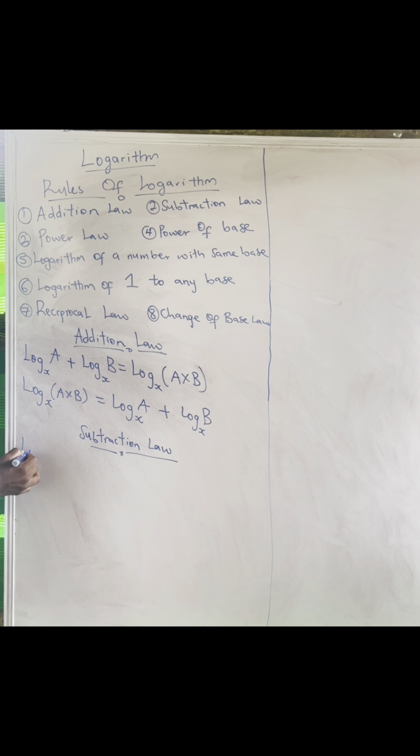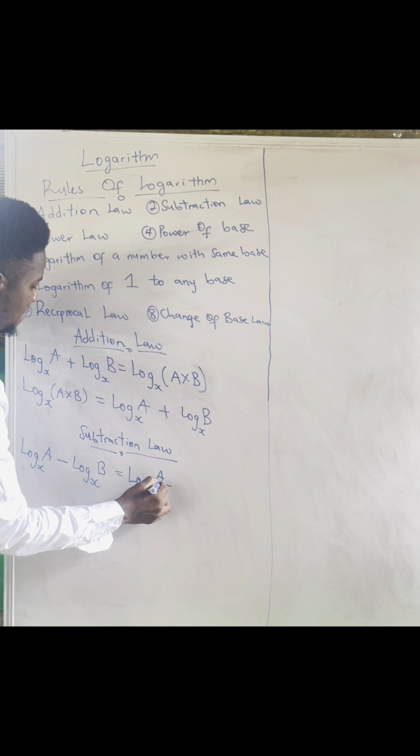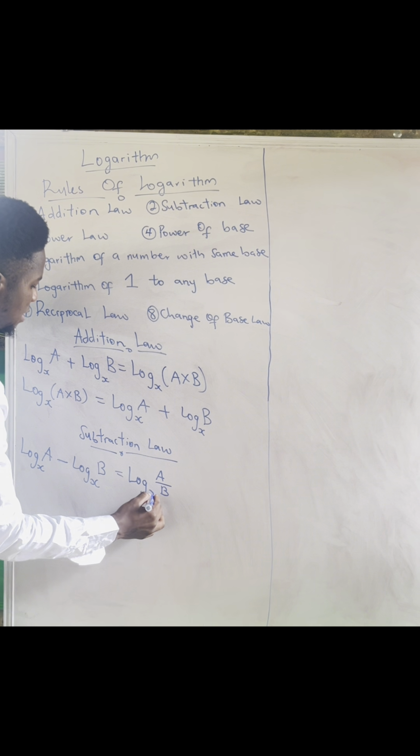Let's say we have log a base x divided by log b base x. Sorry, minus log b base x. This minus can change to what? Division. So far, these are the same. Then this is log of a divided by b base x.